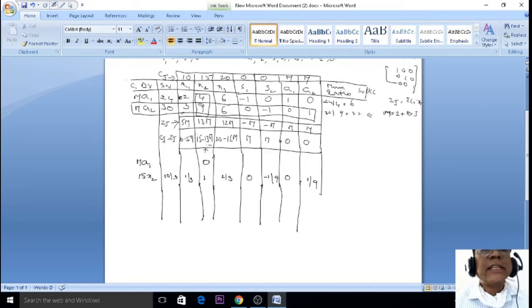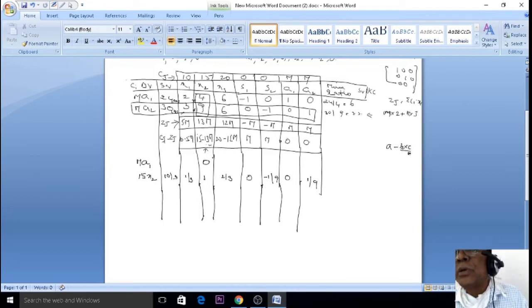Next, apply our condition: A, B, A straight, C, and the intersecting one is D. What is the formula? A minus B into C by D. Here A is 24, minus B, which is 30, into C, which is 4 by 9.